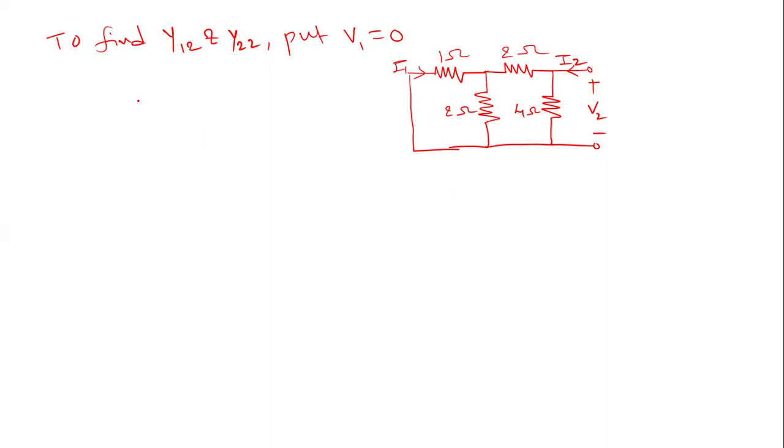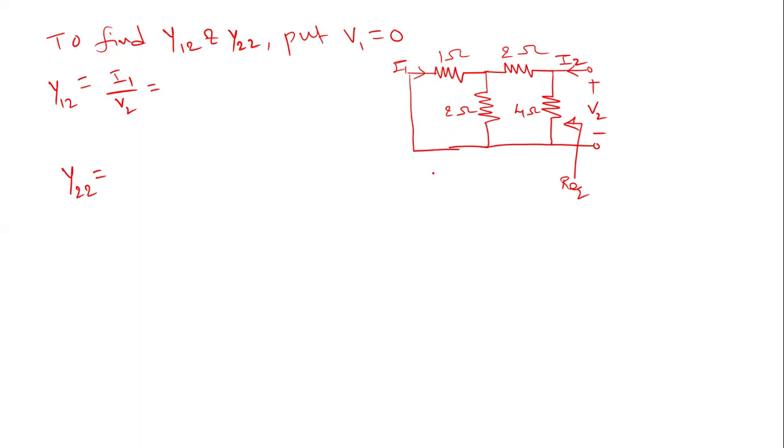Now, Y12 is I1 by V2. Y22 is the short circuit output admittance, so if you find the equivalent resistance here, 1 by R equivalent becomes Y22.